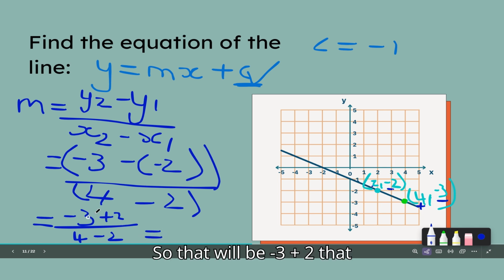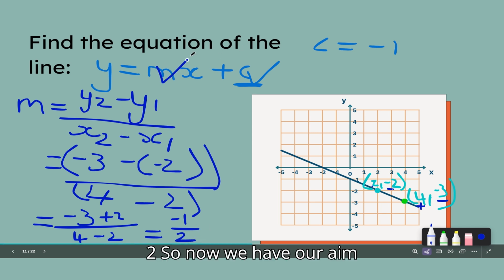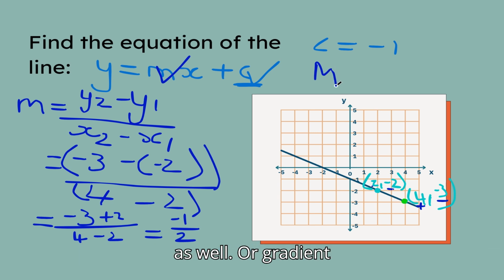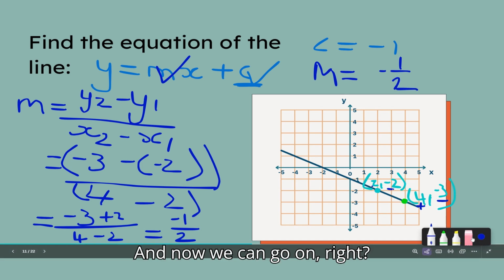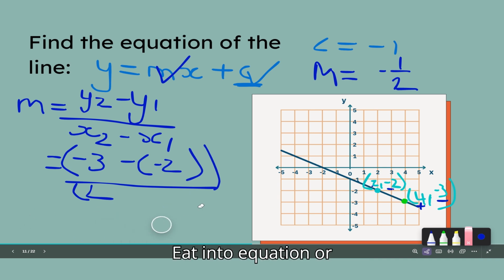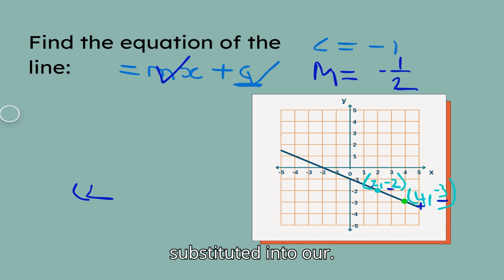So that will be -3 plus 2, which gives me -1. 4 minus 2 gives me 2. So now we have our m as well. Our gradient is -1/2.